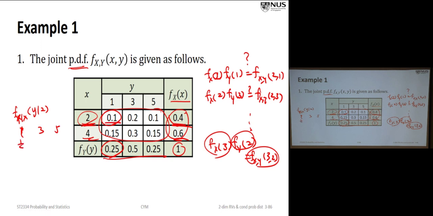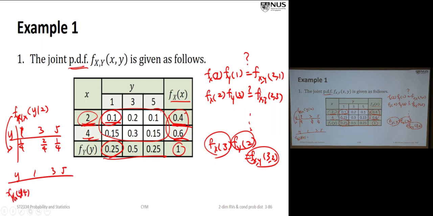So it's 1/4, 2/4, and 1/4. This is the f of y given x. How about when x equal to 4? Then it will be 0.15 divided by 0.6, so it is equal to 1/4. 0.3 divided by 0.6 is 2/4, then 1/4.